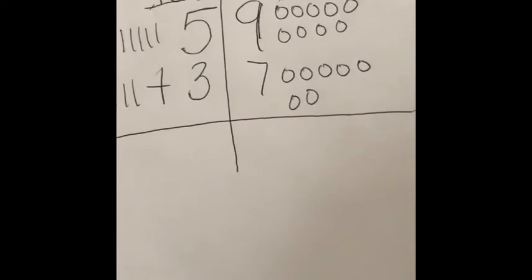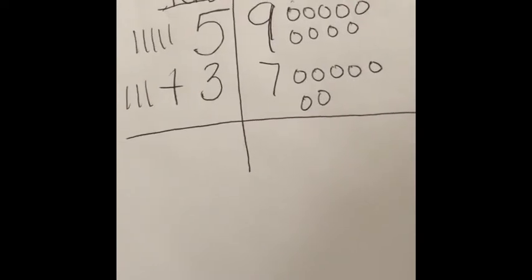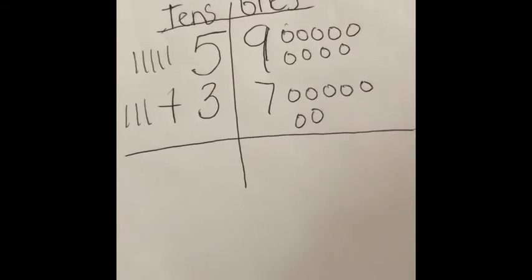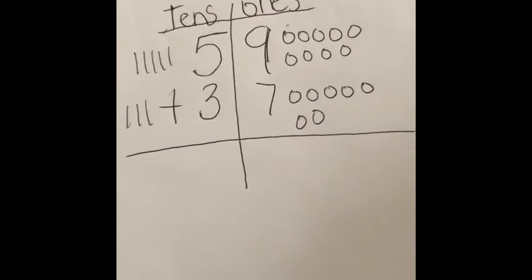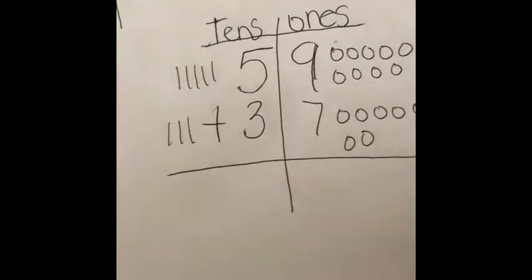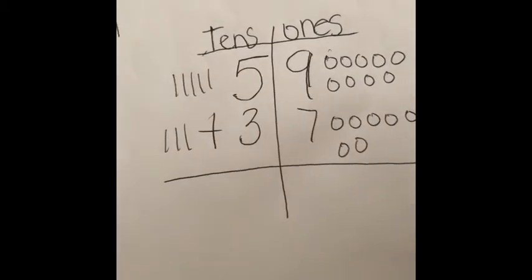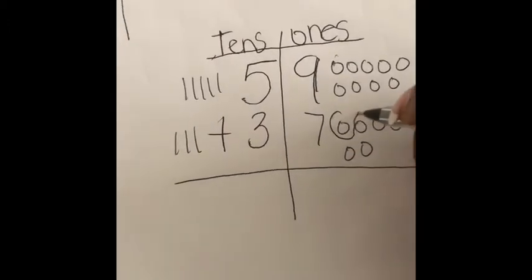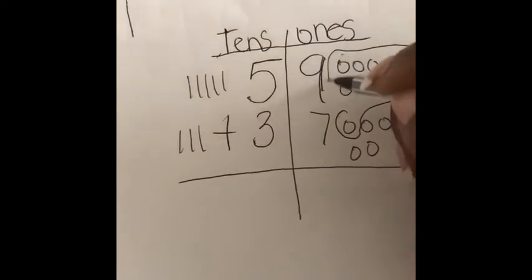So now I tell my students, let's look in the ones place and see if we have enough ones to make a 10. And if we do have enough, we're going to circle or group that 10. As I can see easily, 5 at the top, 4 at the bottom is 9. I know that I need one more to make 10. So I will circle or group that 10.